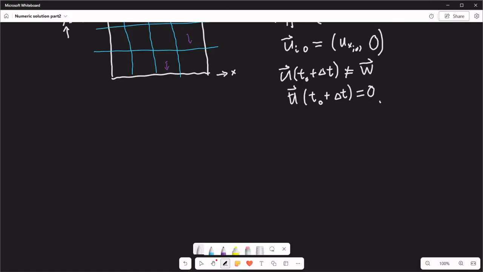Okay, so what we have here is this v vector for each cell. For each cell it's going to be the same thing, so I'm going to write v_ij equals negative g, gravitational acceleration, times delta t.